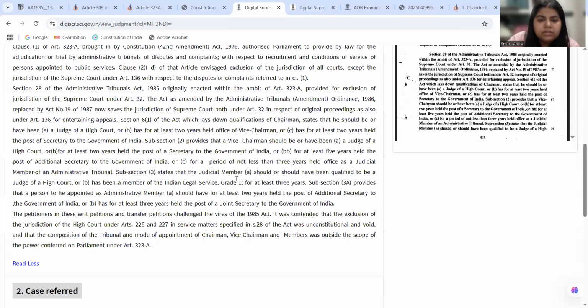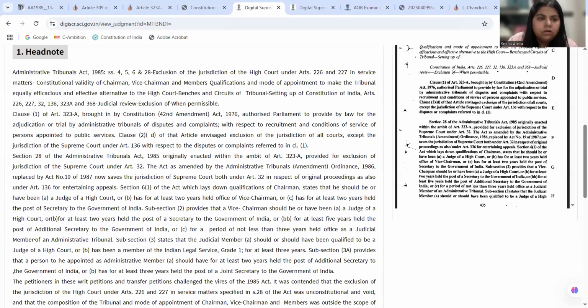Okay, therefore it was held that these provisions were not unconstitutional.